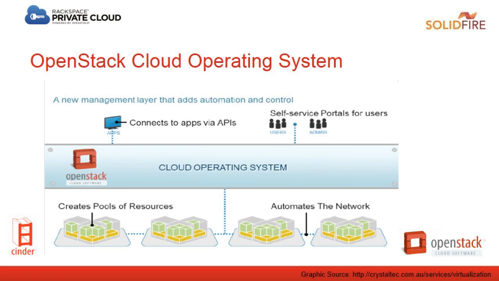And in an older fashion, if you will, they were providing those resources directly to those applications and the users or administrators. But what we're actually doing here is putting an abstraction layer in place so that we can create dynamic pools of resources as opposed to static resources that we've had in the past. And in addition to that creation of those dynamic pools, we're able to automate that delivery so that we can connect our applications via APIs or really serve our users and our administrations and our lines of business much faster.